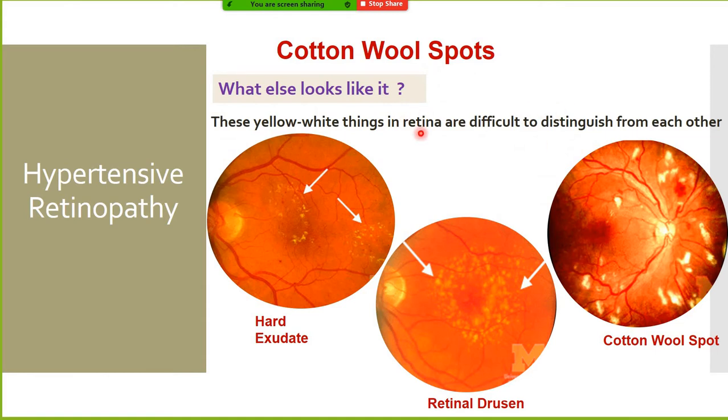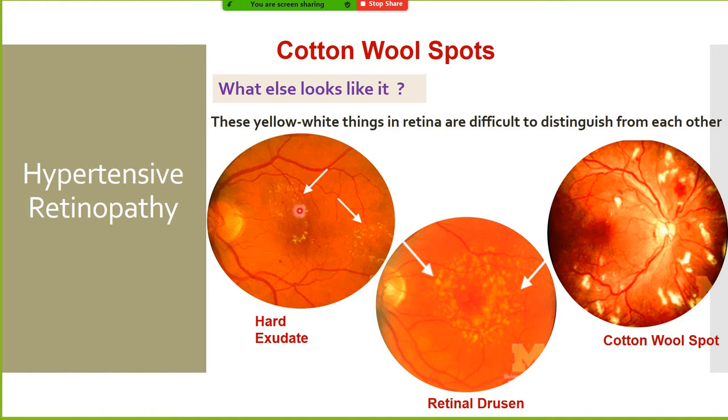So other than cotton wool spots, other things which look similar with little differences are the hard exudates and the retinal drusen. This is how a cotton wool spot is going to look.